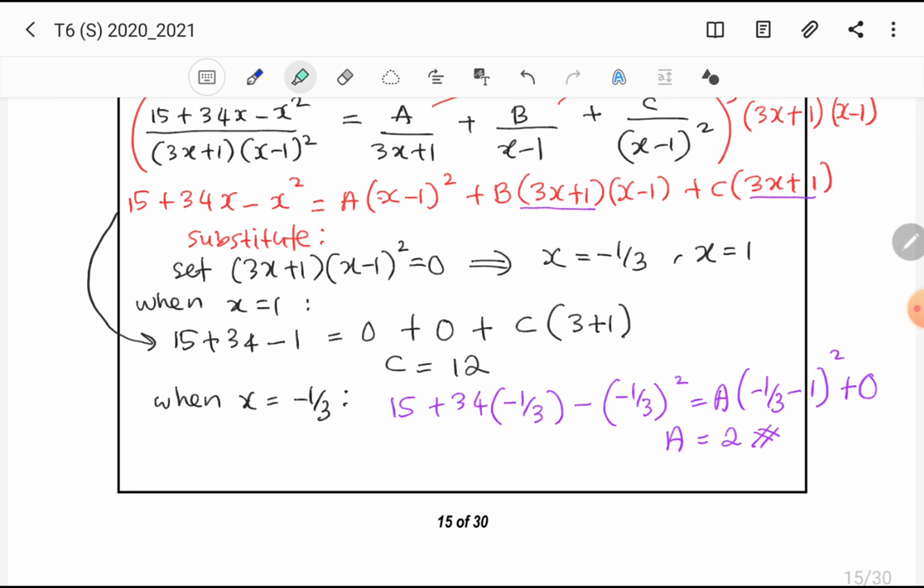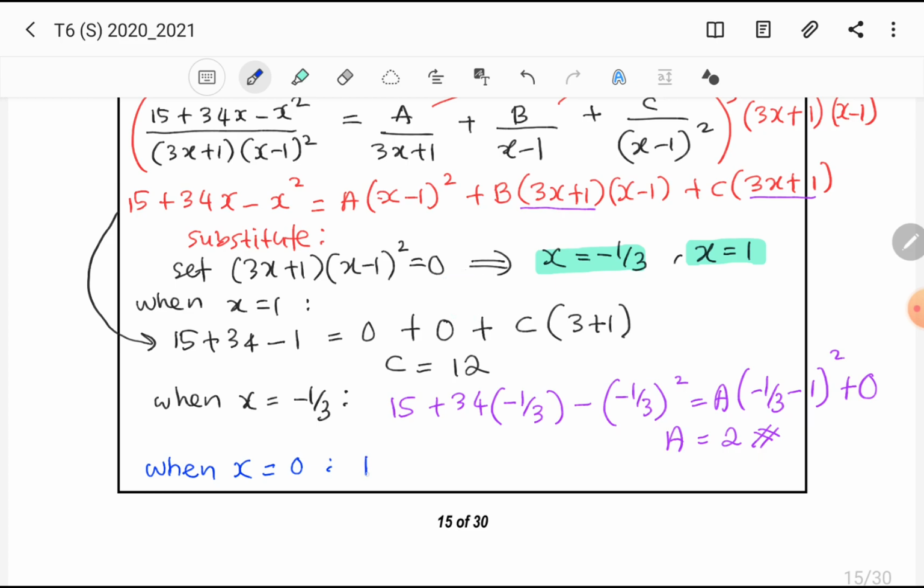Okay. So, dah habis dah. Kita punya nombor yang nak ganti kita dah habis dah. X negative 1/3, X1 pun dah ganti dah both. Tapi kita ada satu lagi constant yang kita belum jumpa. So, last one, kita boleh substitute any number. So, saya suka substitute 0 lah. Ya? Okey, cuba awak ganti.